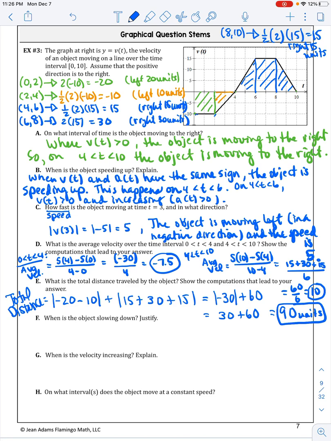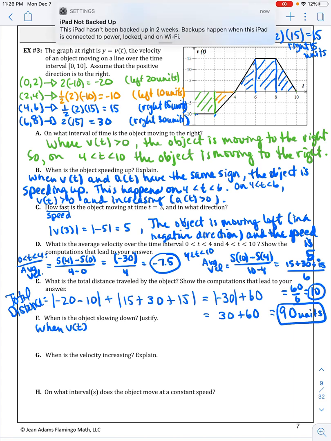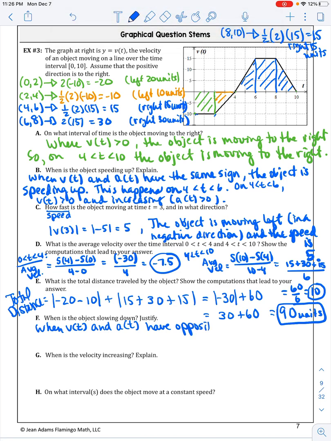When is the object slowing down? Justify. So when v of t and a of t have opposite signs, the object is slowing down.